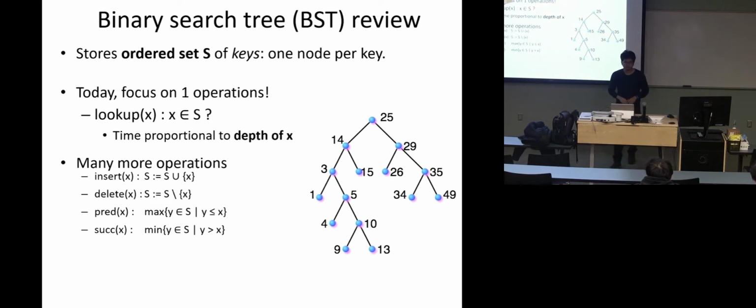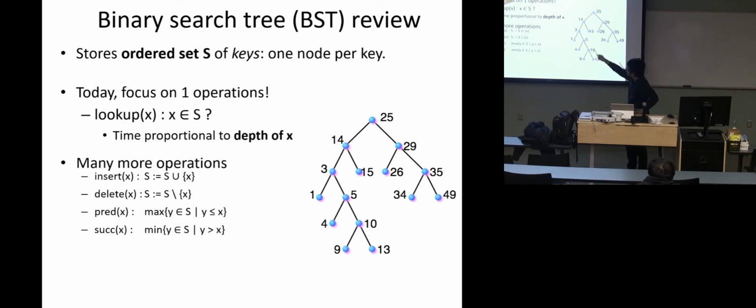So it will always store some ordered set. Everything small is on the left, everything large is on the right. It can handle a bunch of operations like insert, delete, predecessor, successor, and everything.